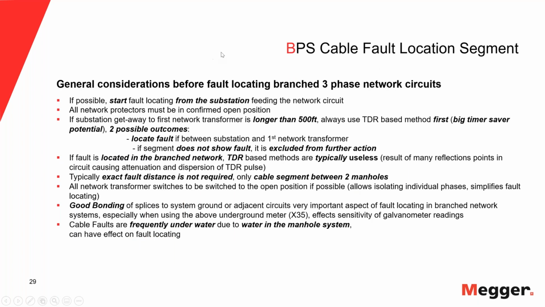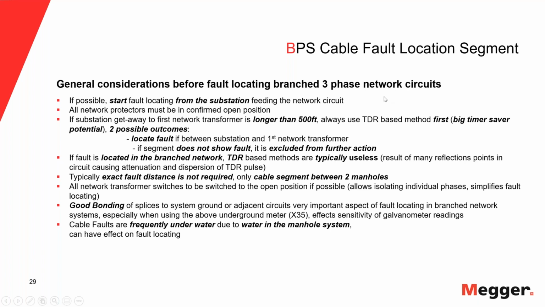All right. So we need to apply some general considerations when we do fault locating on three-phase branch networks. Okay. One of the things is very important. When I say always, I never say always, but for the most part, you always want to start at the substation to fault locate, because that is from where the circuit was fed when it failed.